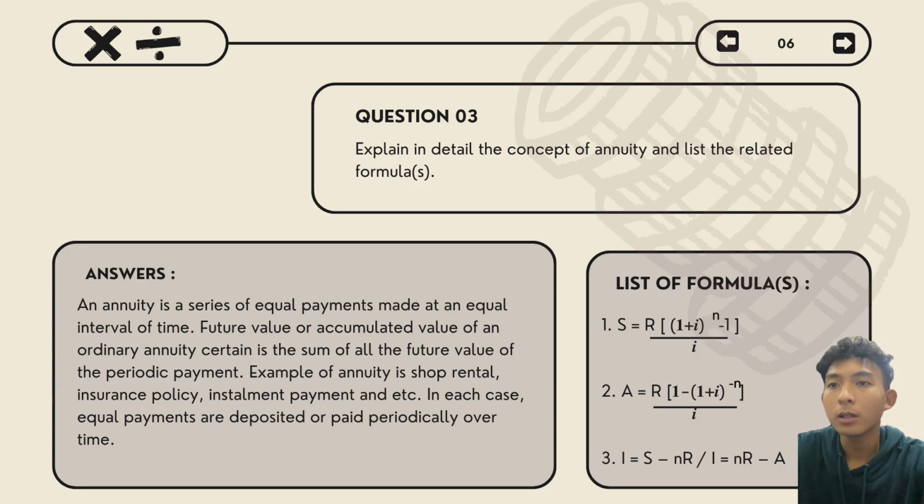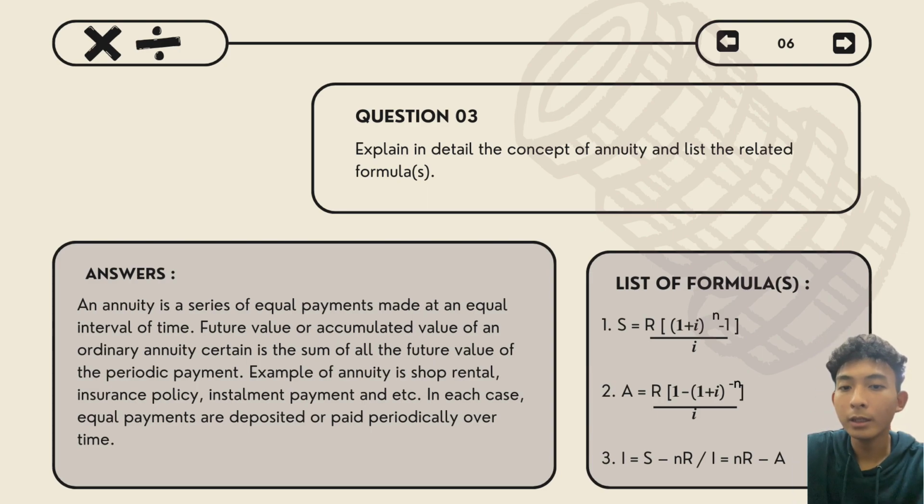And the second formula is A equals R, large bracket, 1 minus small bracket, 1 plus I, small bracket, to the power of negative n, over I, and large bracket. And the third formula is I equals S minus NR, or I equals NR minus A.